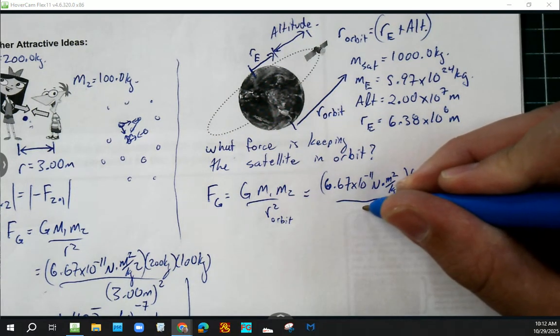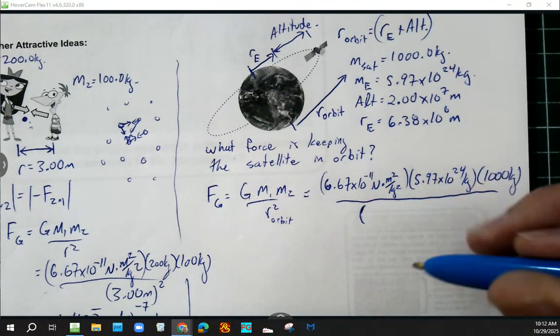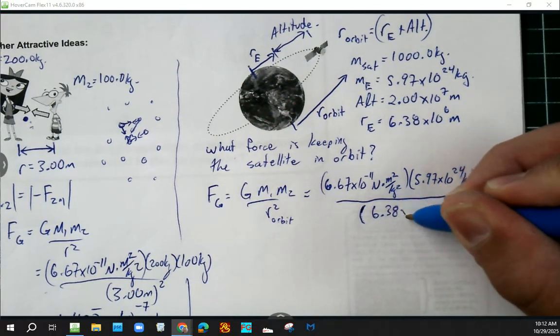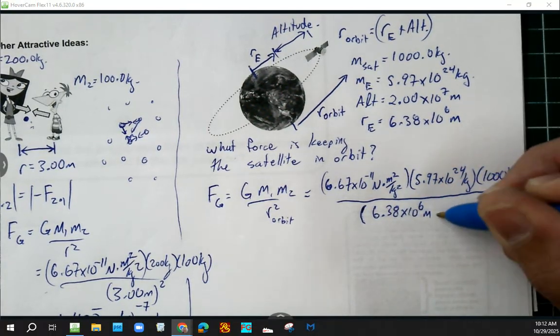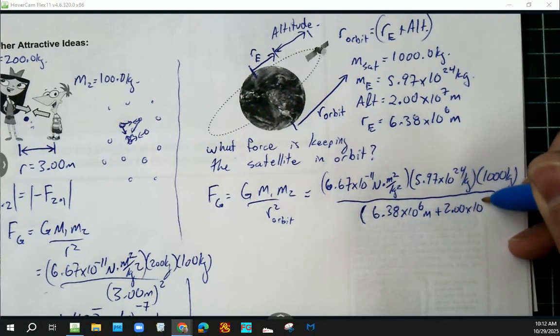But in the denominator, we're going to make it one level harder than what we've done before, because our orbit isn't just one of these r values, it's that binomial RE plus altitude. So RE was 6.38 times 10 to the power of 6 meters, and the altitude was 2.00 times 10 to the power of 7 meters.